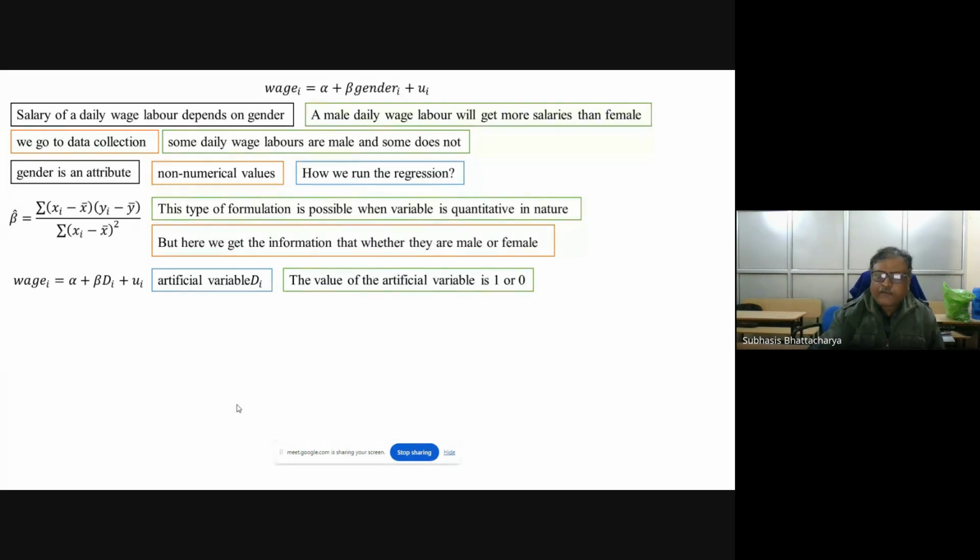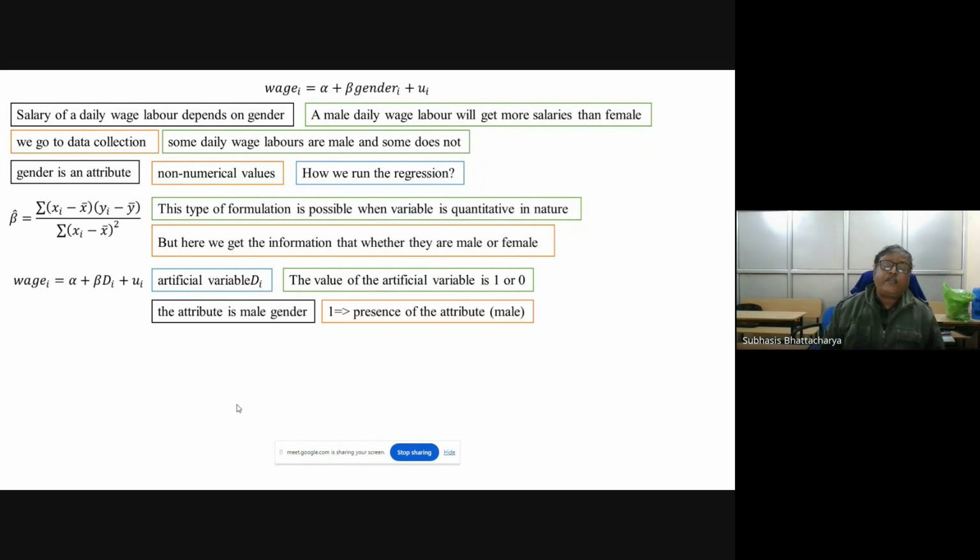For example, if the attribute is male gender, when he is male you put Di as 1, and when she is female you put Di equal to 0. So 1 means the presence of the attribute, and 0 means the absence of the attribute, that is the female.